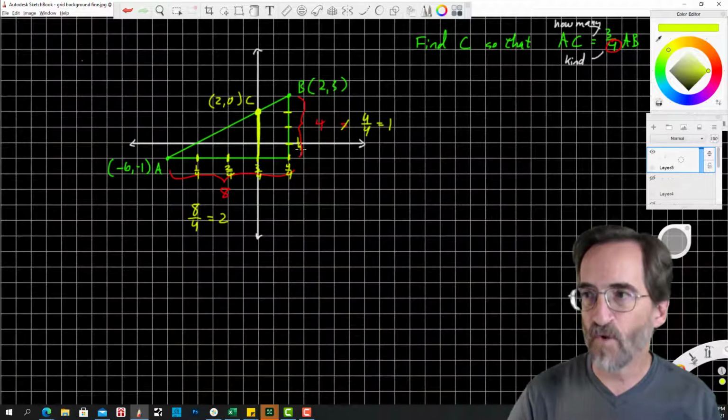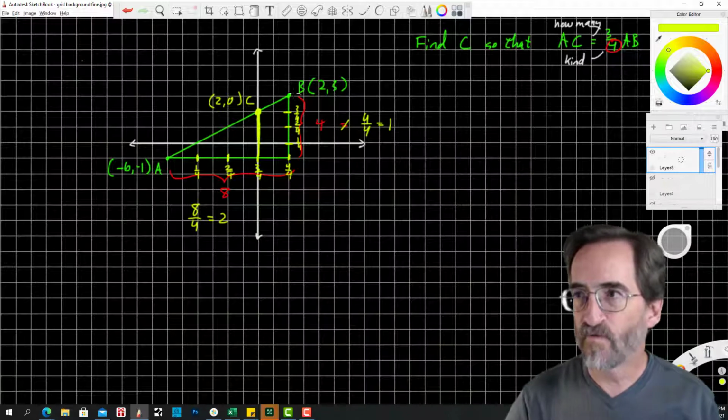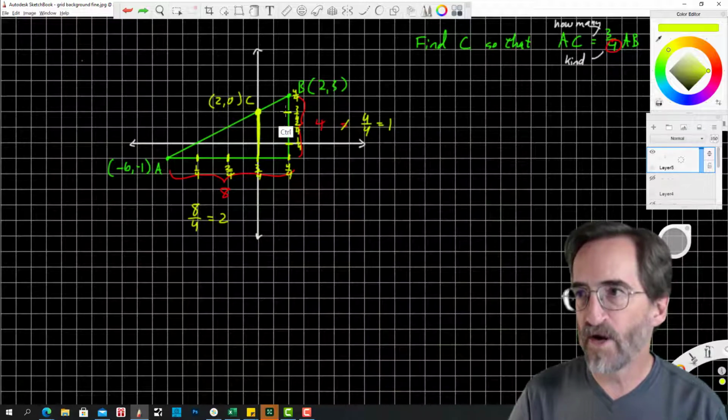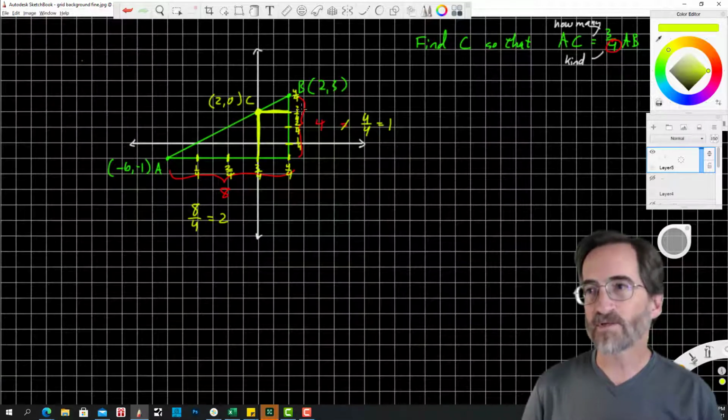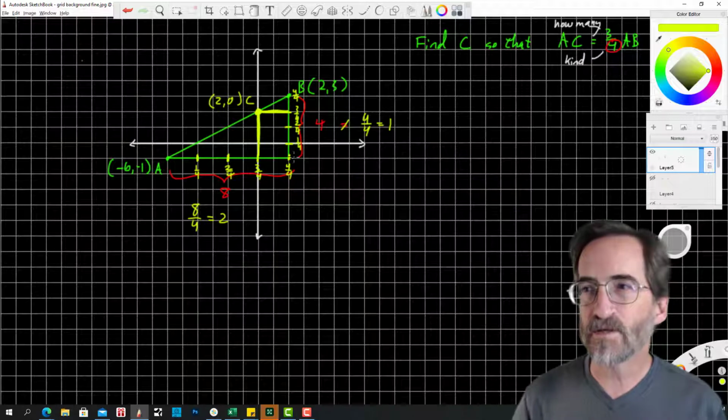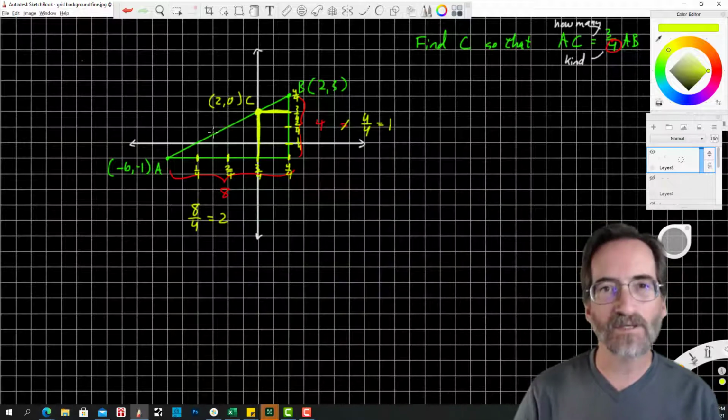So this represents 1 quarter, 2 quarters, 3 quarters, and 4 quarters of the whole thing. And if I go with the 3 quarters, which is the fraction we were after, and go straight over, you'll notice it arrives at point C again. So there's point C. I can clearly see that C is (2, 0).